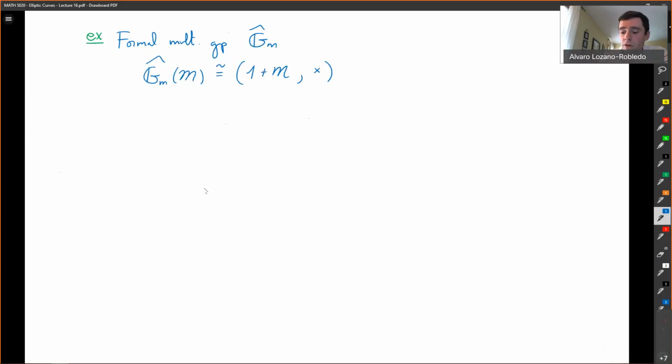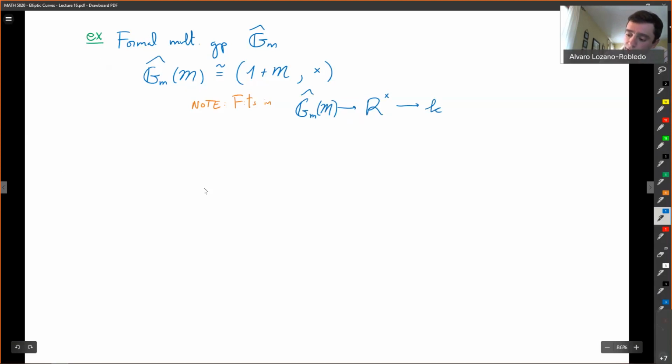And here we also note that it fits in the following sequence. If I have R, and the units fit in there, and when I do the quotient of the two, what I get is the non-zero elements of the residue field.